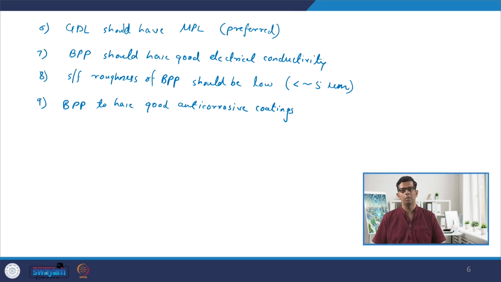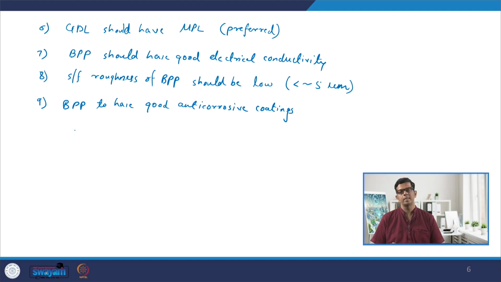There is also literature available on coating with platinum or gold. These anti-corrosive coatings increase the life of the bipolar plate. At the same time, they also reduce the roughness of the bipolar plate, and that increases the pathways for electrons to flow across the interface, and that is why it is preferred to have these anti-corrosive coatings.